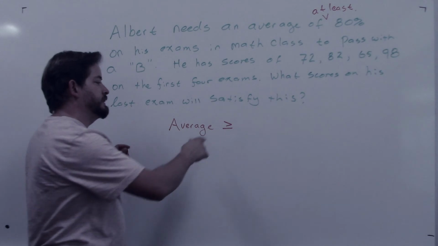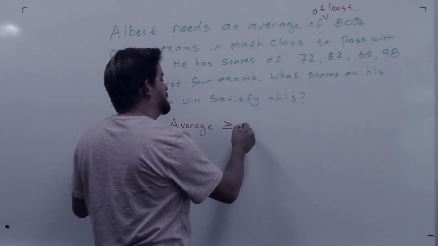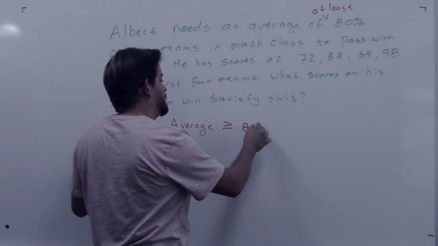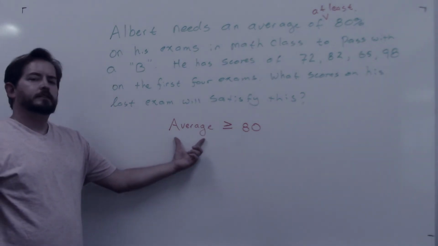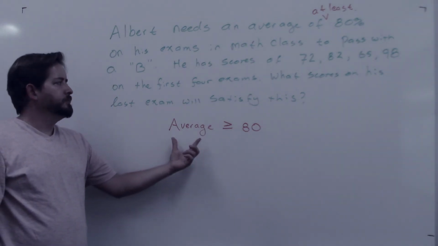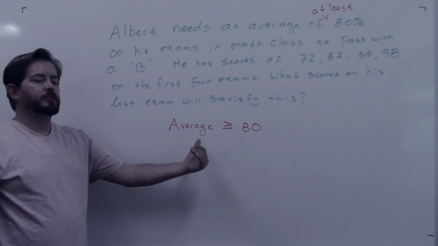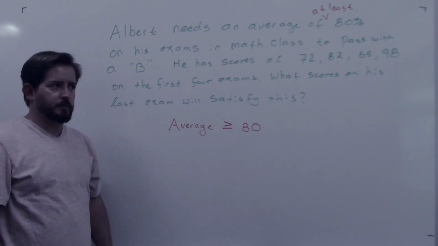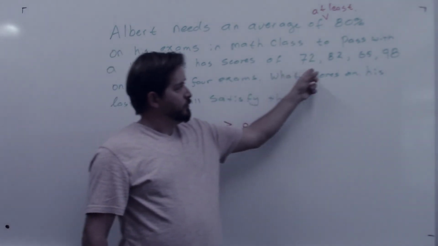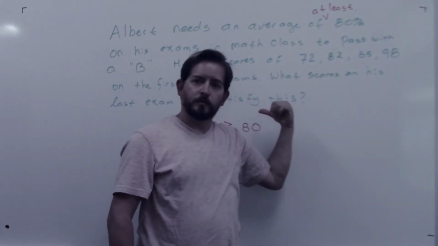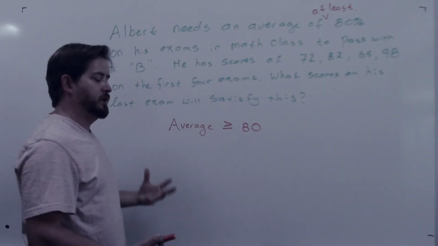Therefore his average is greater than or equal to 80. This is what we want to solve. And it's this average over here that may be the tricky part, but the average is just the sum of all of your exams divided by the number of them. There were 5 exams here, right? We have 4, but there's also 1 more to go, right? What's the score on the last one?